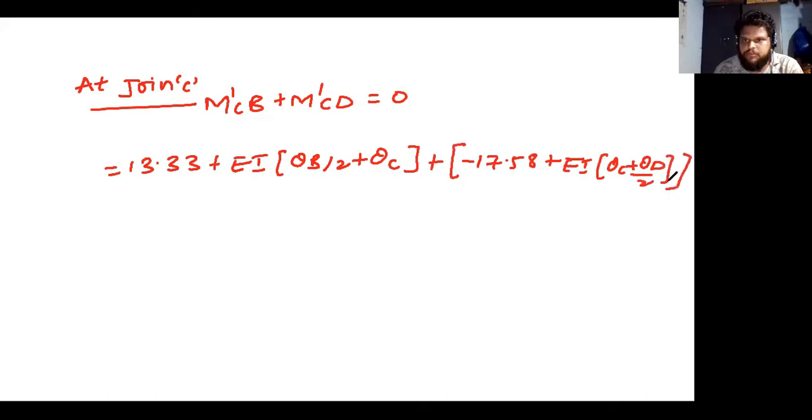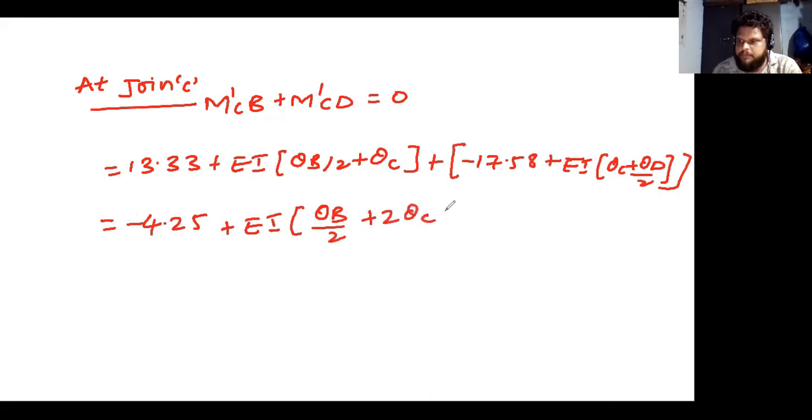If you solve this equation, we can rewrite it as minus 4.25 plus EI times theta B by 2 plus 2 times theta C plus theta D by 2 is equals to 0. So this is equation number 8.